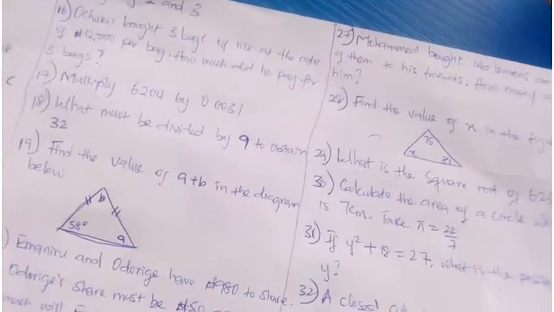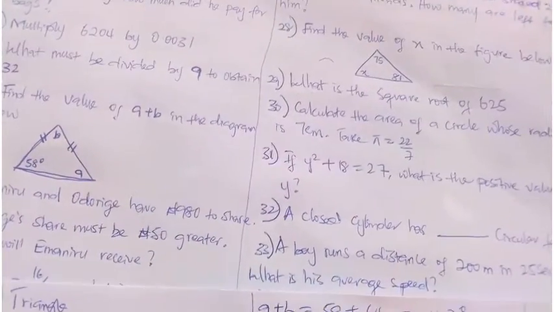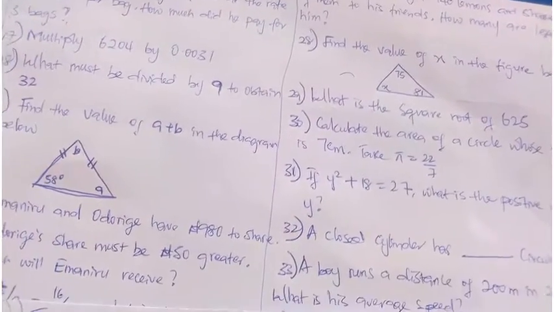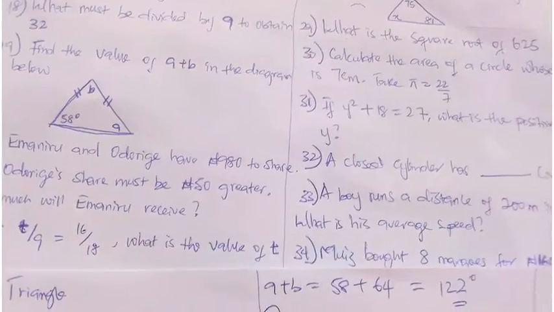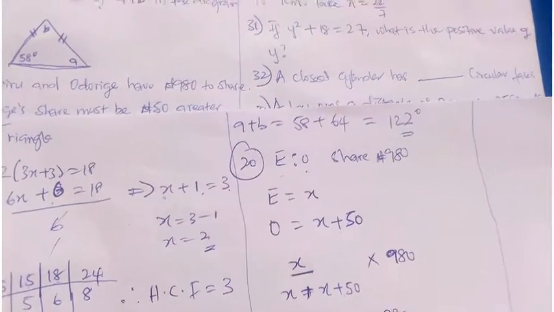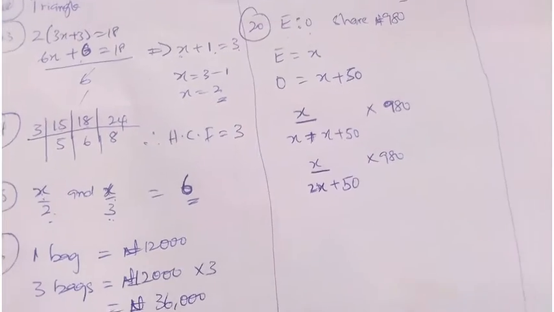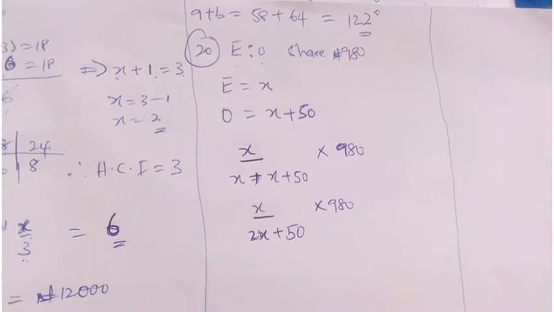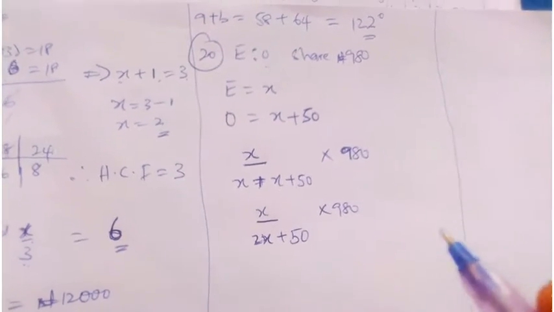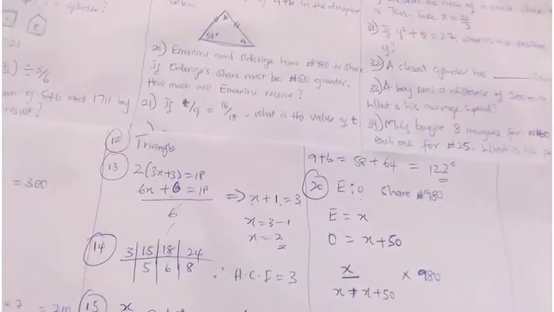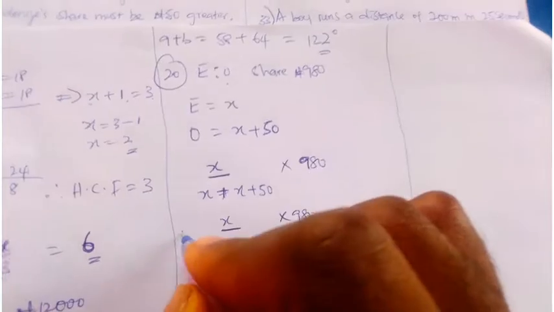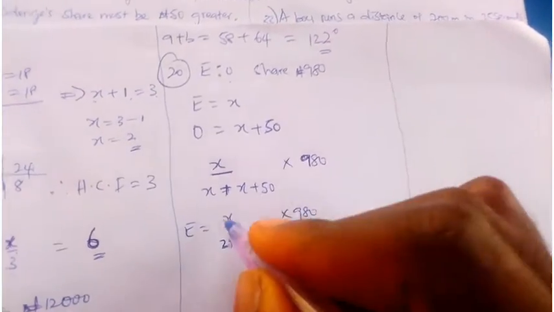Okay. So this is going to be the representation, in this case then. This is going to be the share of Emmanuel, so that's E equals this share.